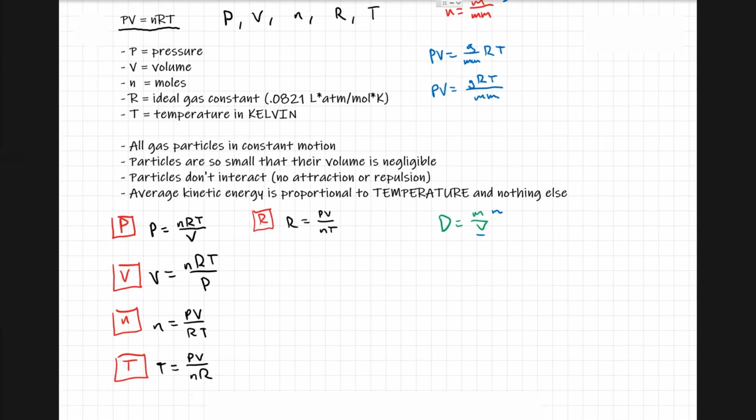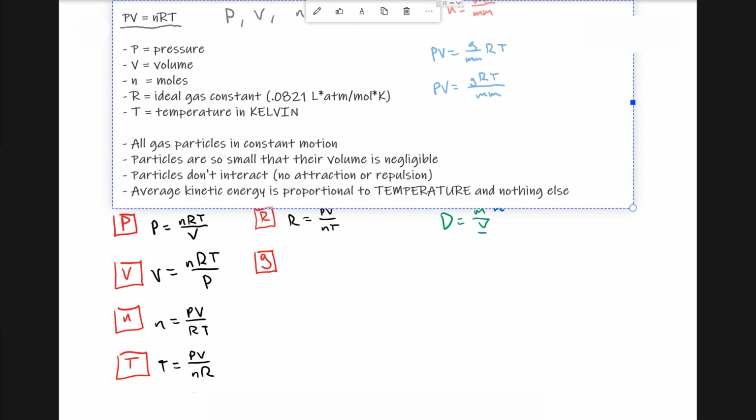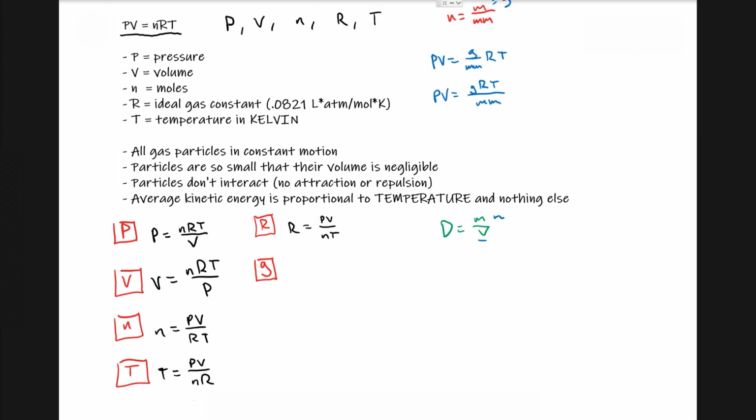So let's take this one step at a time. Let's solve for our grams now, or our mass. Taking this new ideal gas law that we just put together, we have PV equals GRT over molar mass. All we have to do here is multiply both sides of the equation by molar mass. That gives us molar mass PV equals GRT.